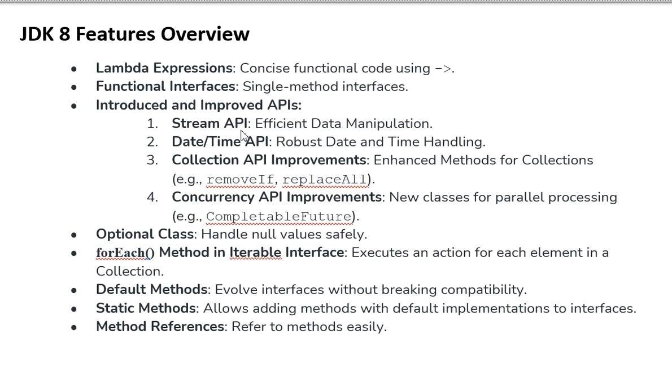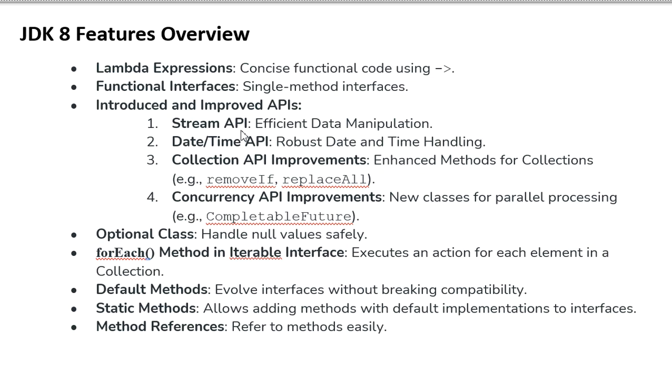For the earlier collection objects, iterator and enumerator, the stream comes into the picture with JDK 8, and it is for efficient data manipulation. And there are some datetime API changes, so there is robust datetime handling.